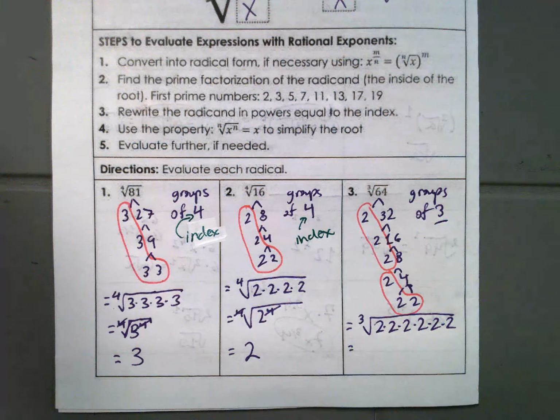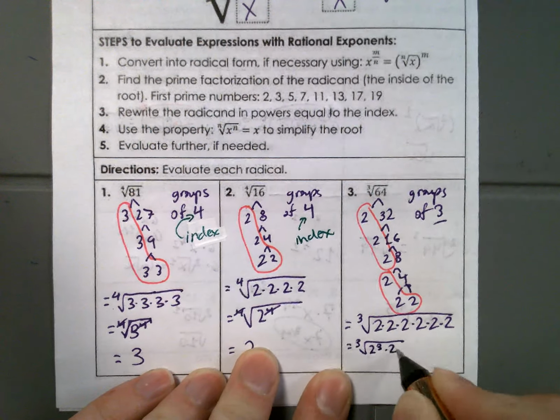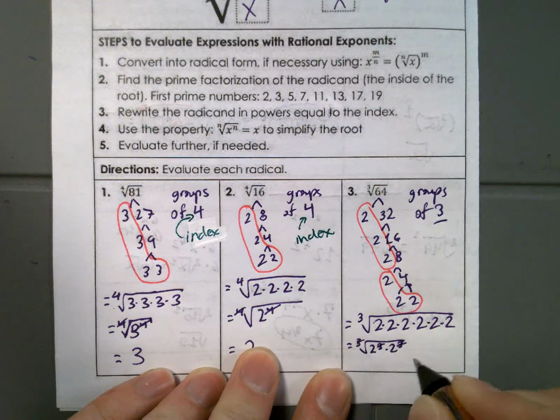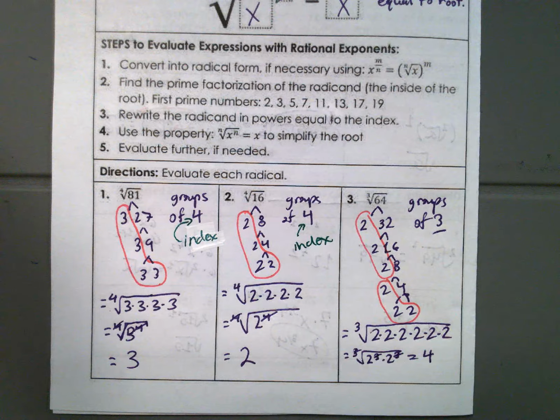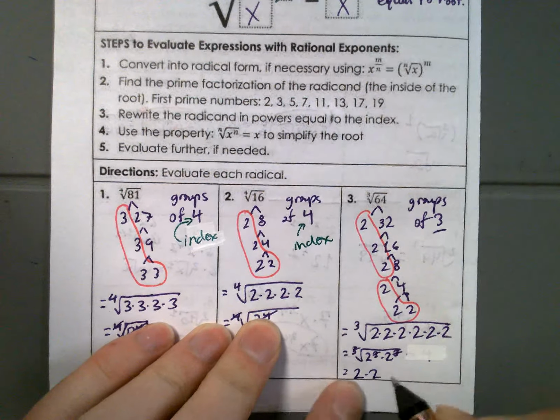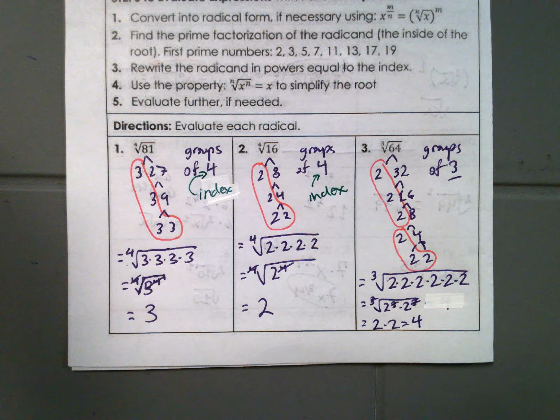What you can do is you can do the cube root of 2 to the 3rd times 2 to the 3rd. And those 3s are all going to cancel and give you 4. All right. I actually kind of skipped a step there. Hold on. Should be equal to 2 times 2, which equals 4. And there you go. Okay, that completes that.